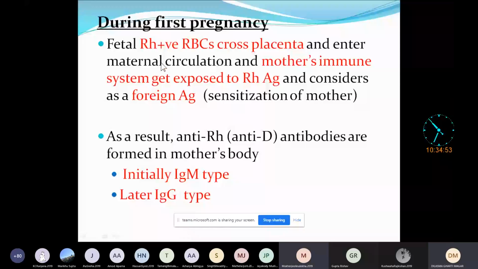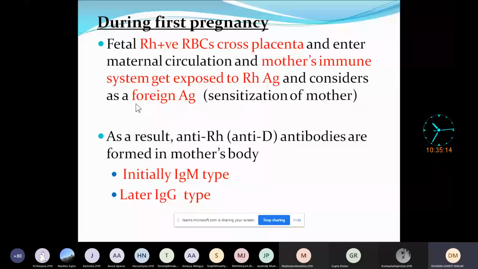Okay, first the Rh positive RBC or the D antigen has to go to the mother's circulation, and then she will be exposed to that D antigen, and the mother's body will consider it foreign, isn't it? Whenever she doesn't have the D antigen in her whole body, then definitely the D antigen that has gone to the mother's circulation will be considered foreign.